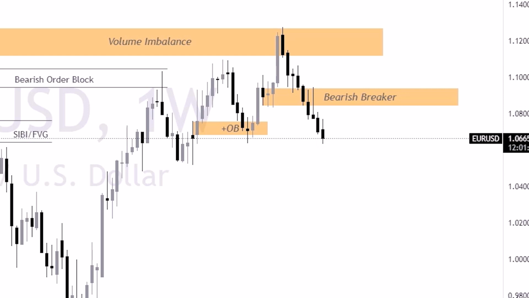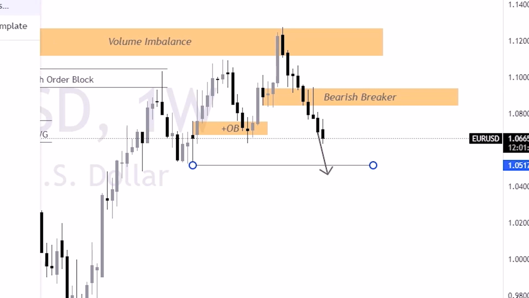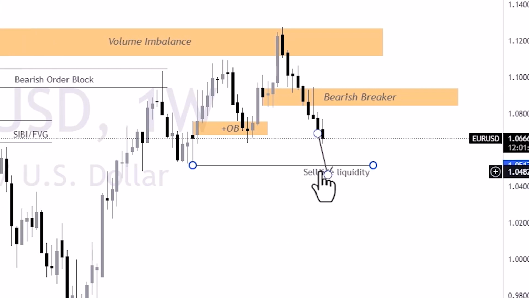So I'm expecting price to take out all of this sell side here, then probably start seeing some bullish movement to the upside after this has been taken out.